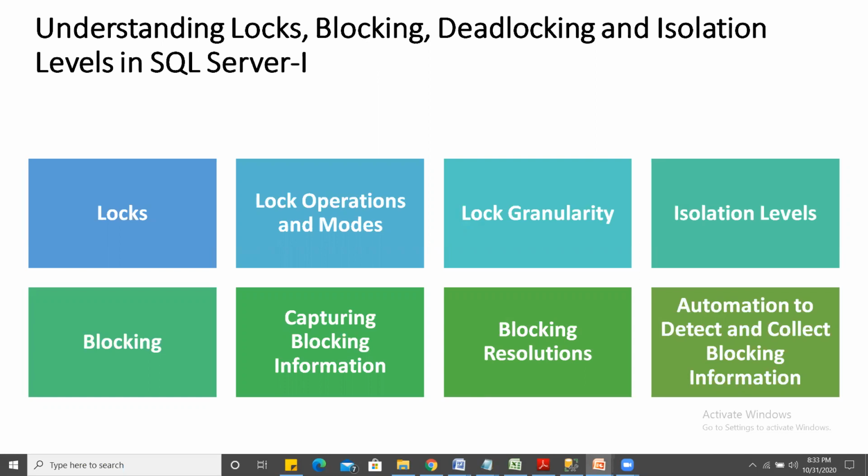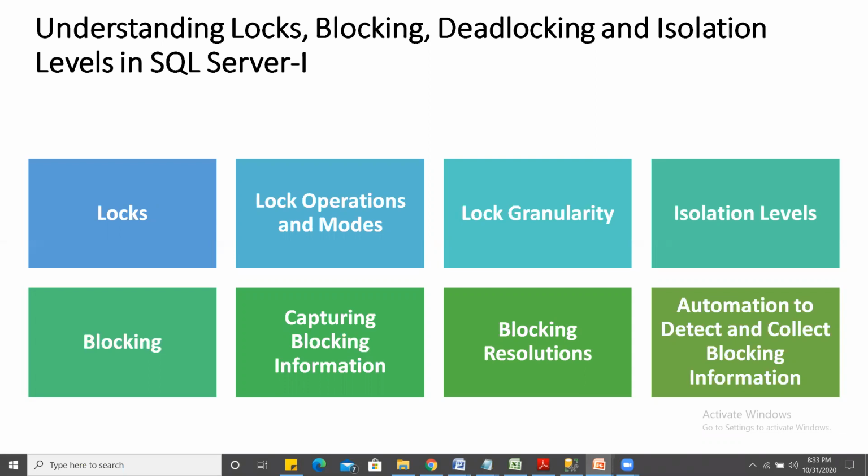Under pessimistic approach of concurrency control, you have 4 isolation levels: read uncommitted, read committed, followed by repeatable read, and finally serializable. These 4 isolation levels you have, those fall under pessimistic approach of concurrency control. And these 4 isolation levels work with locks.